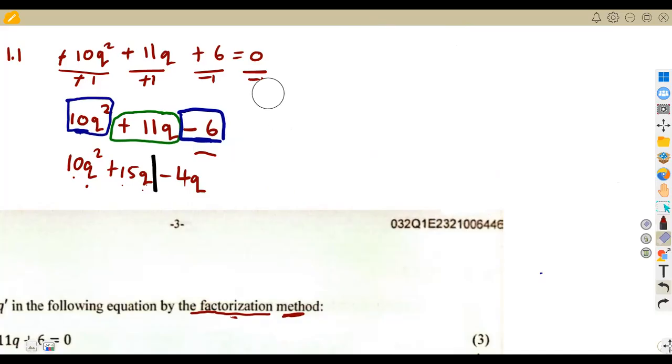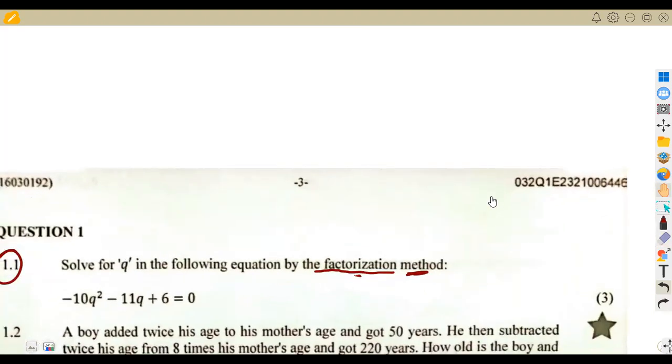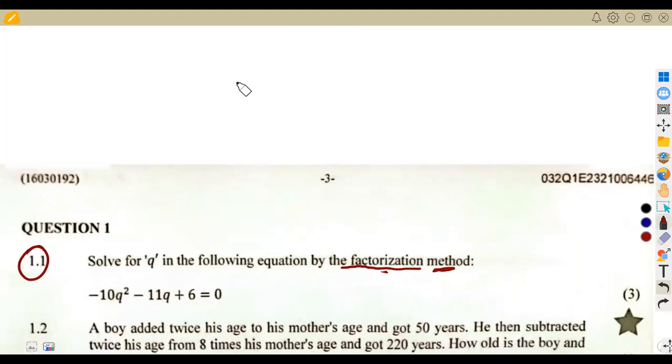If you are someone who understands fast, you can consider this. If you check properly on our factorization, you saw the part where we had those 2 brackets, 2q plus 3 into 5q minus 2, equal to 0.